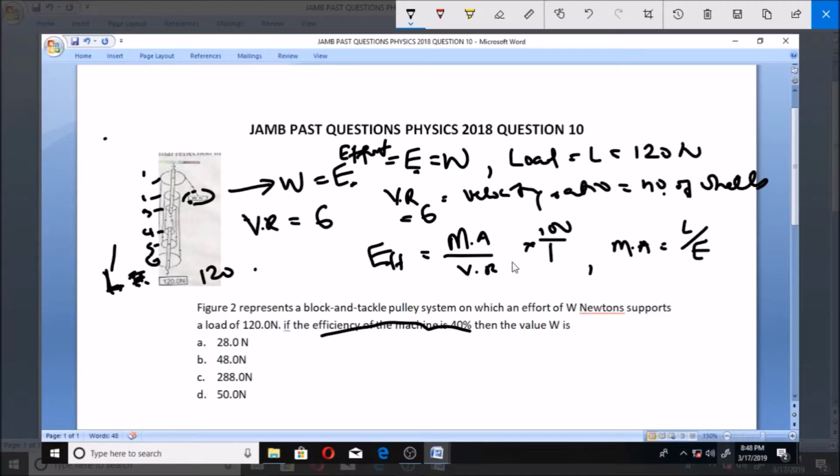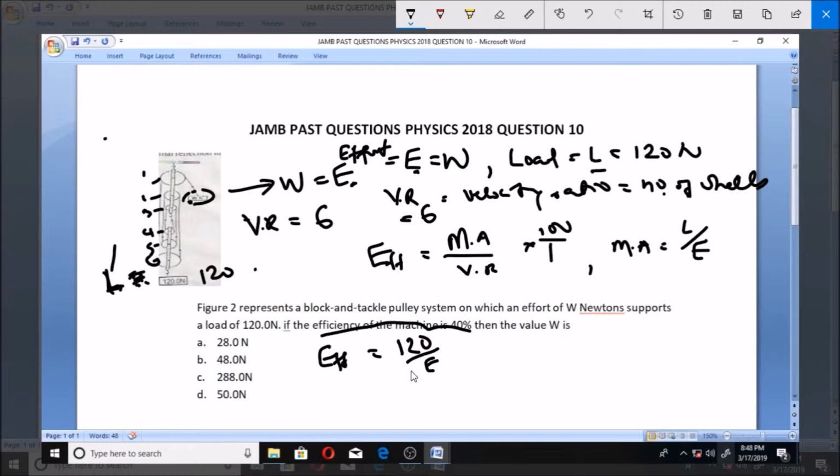So having known these formulas, we can now calculate.